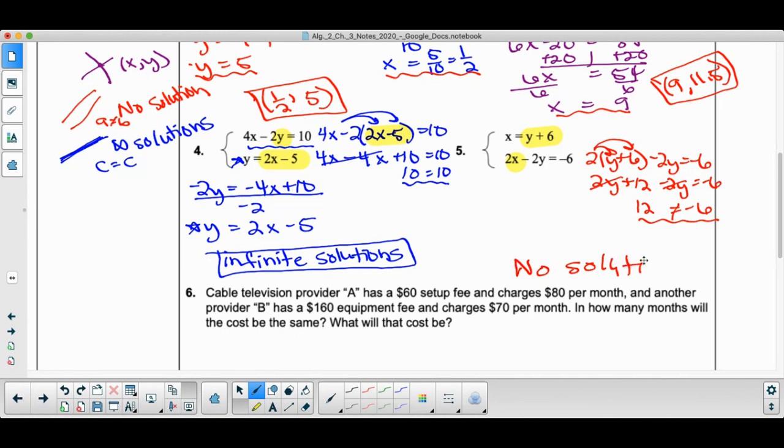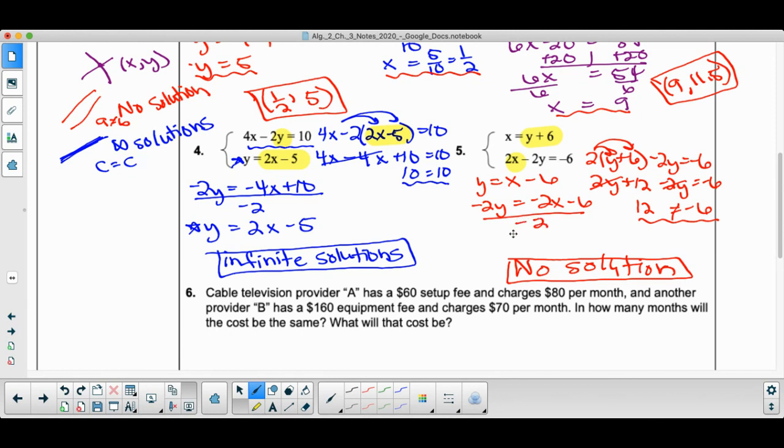And if we put these both into slope-intercept form, you will see that they end up having the same slope. For example, this first equation is, if we subtract 6 from both sides, we get y by itself, x minus 6. Here for this equation, if we subtract 2x from both sides, we get negative 2y equals negative 2x minus 6.